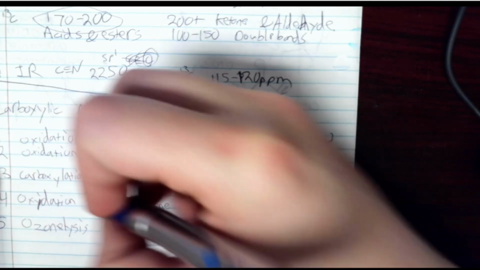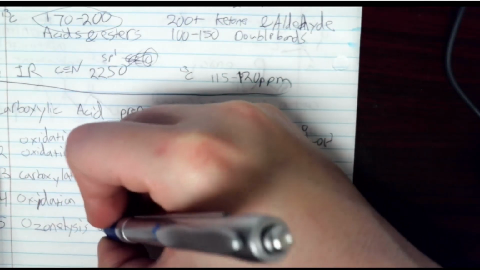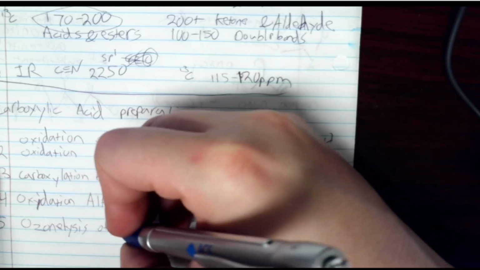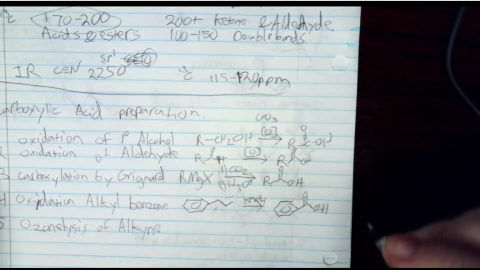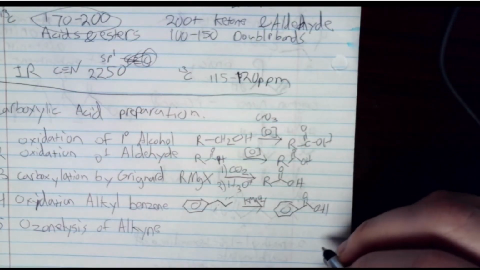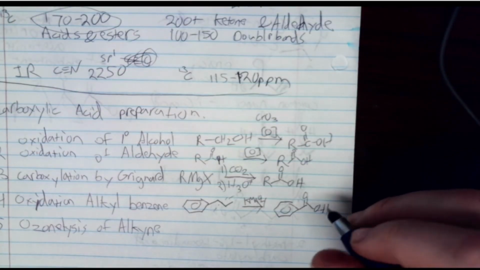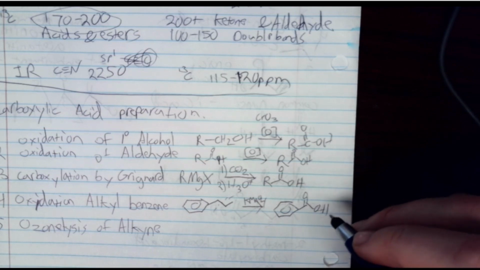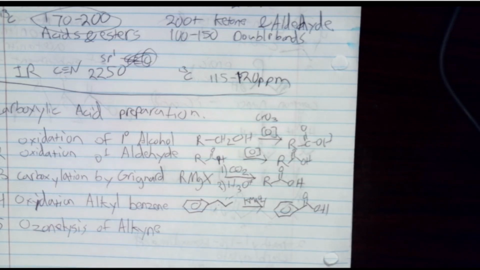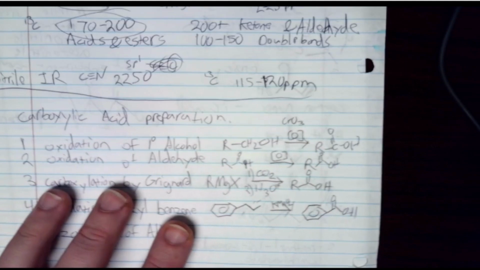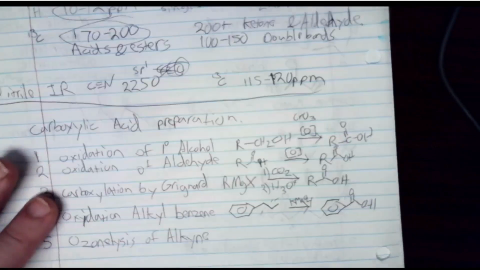Remember that ozonolysis breaks double bonds and the sigma bonds attached and adds an oxygen there, usually as an aldehyde.